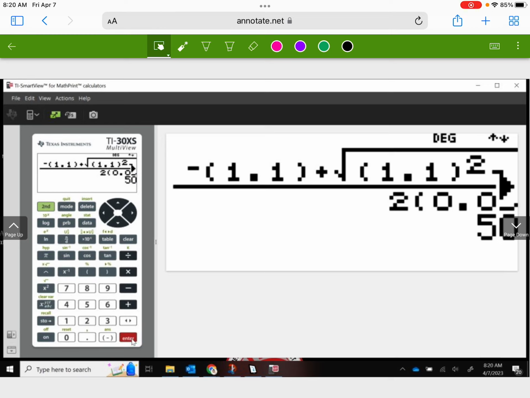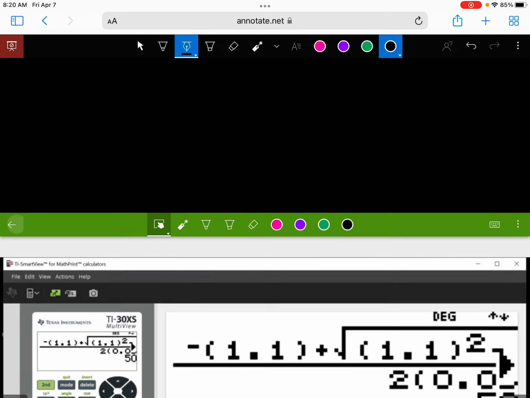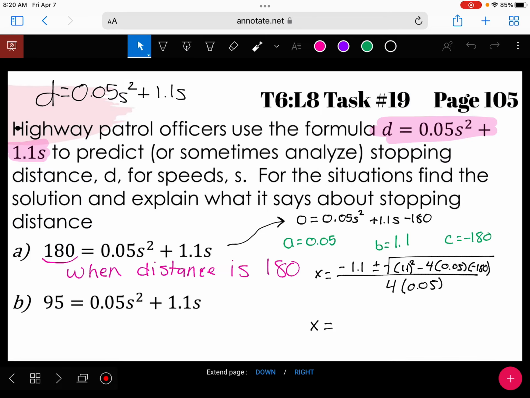So it's a whole lot of work for a 50. So one of our answers is 50.